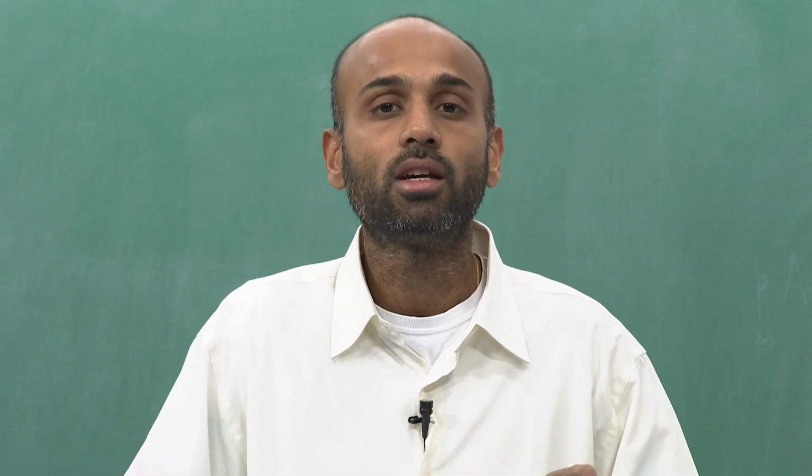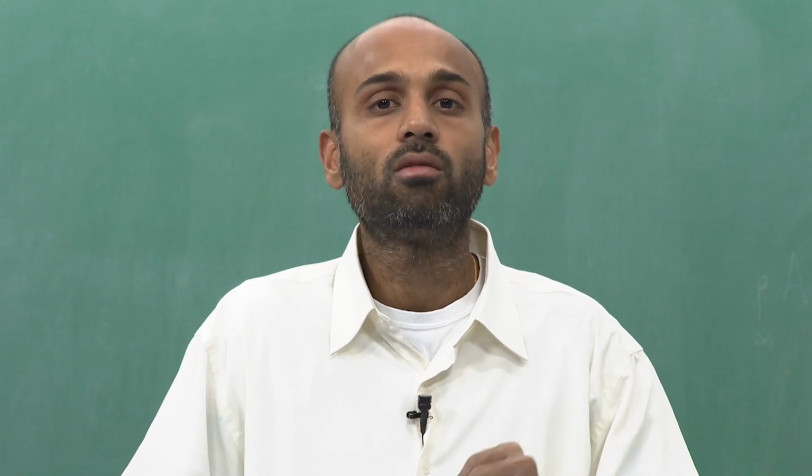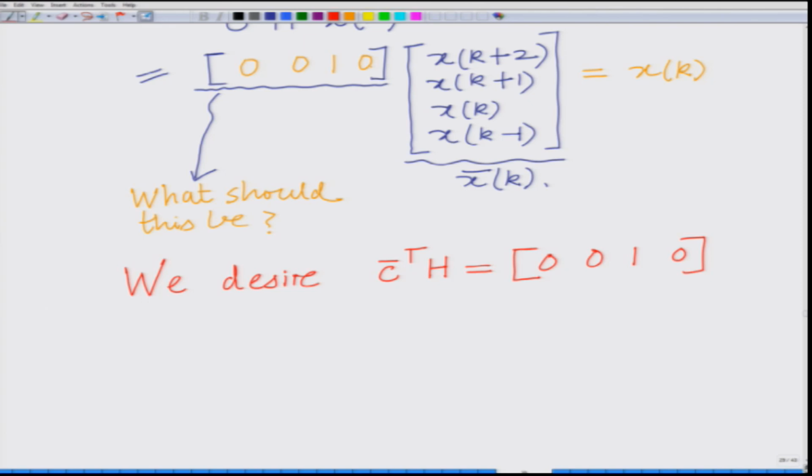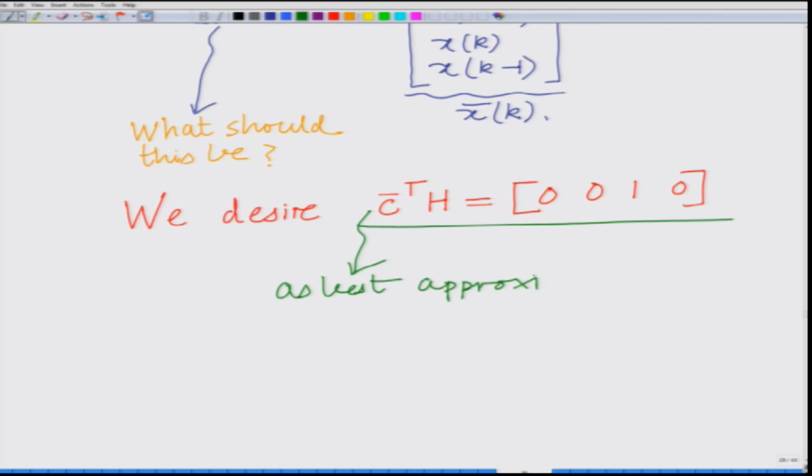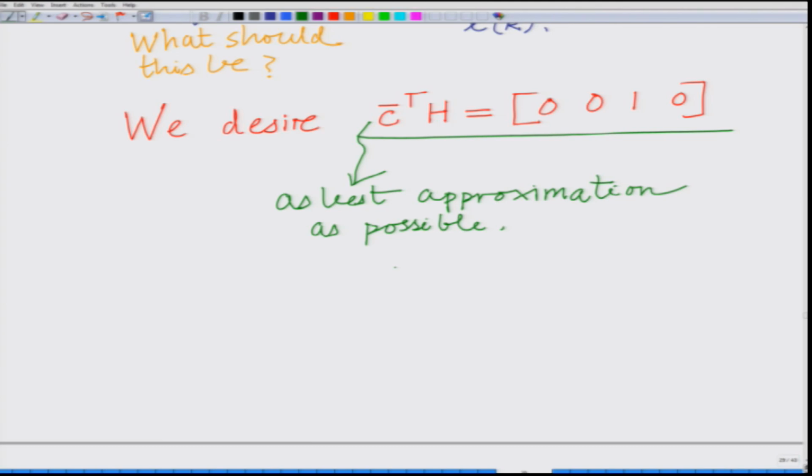So, C bar transpose H, if possible, should exactly be 0 0 1 0, if not possible exactly, then at least to the best possible approximation it should be close to the vector 0 0 1 0, and that is the point of the equalizer, that is we want C bar transpose H to approximate 0 0 1 0 as best as possible.